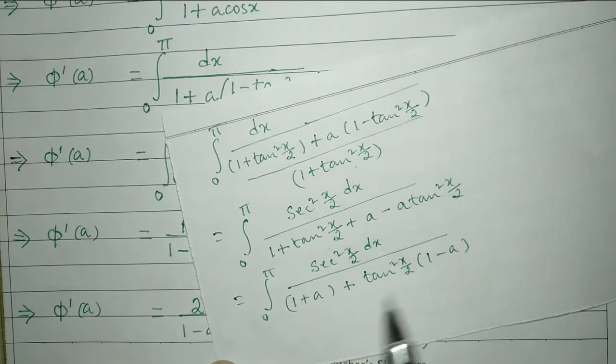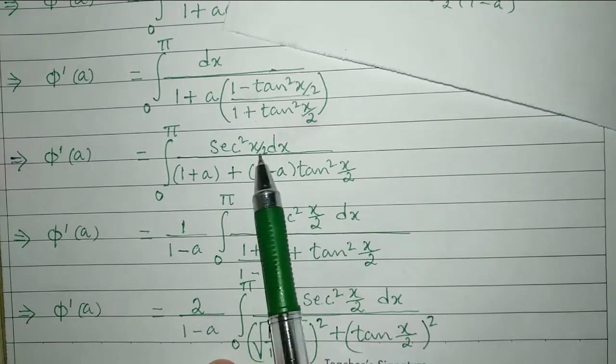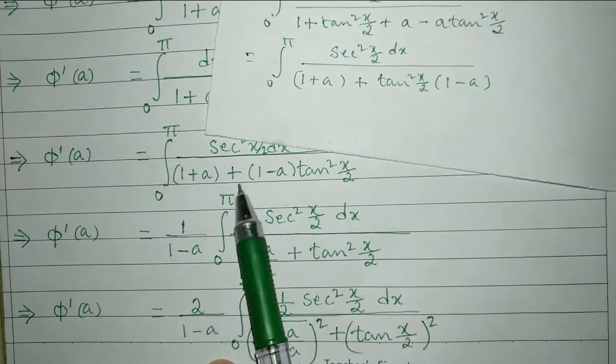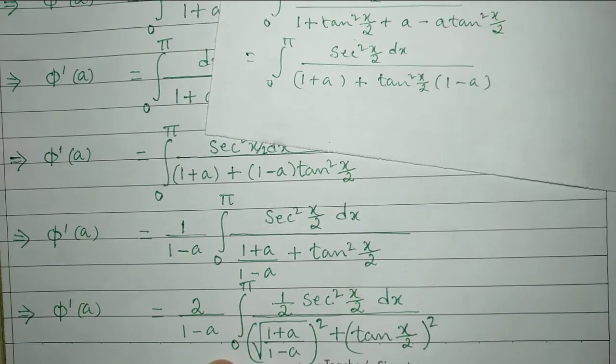I hope it is clear. Hence we have secant square x/2 dx over (1 + a) plus (1 minus a) tan square x/2.